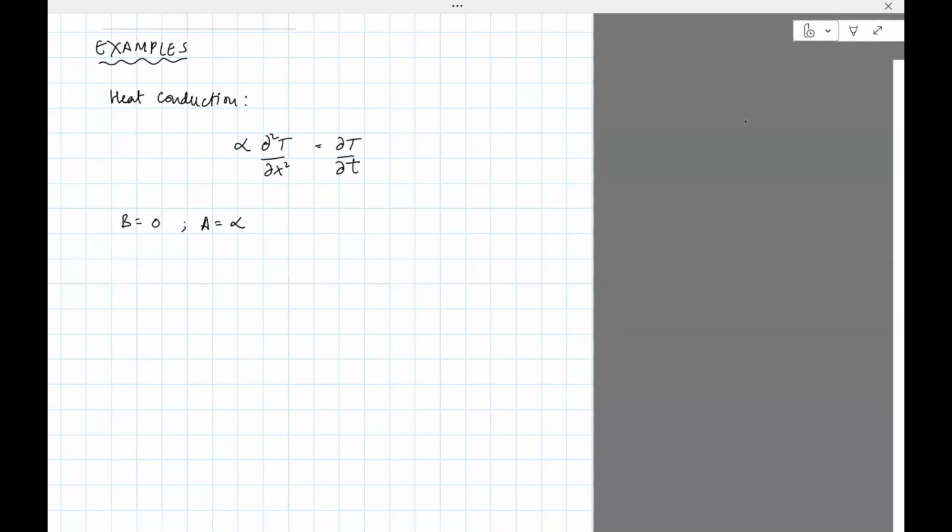A would be alpha and C would be 0. So B square minus 4AC will be 0. So this is a parabolic PDE.